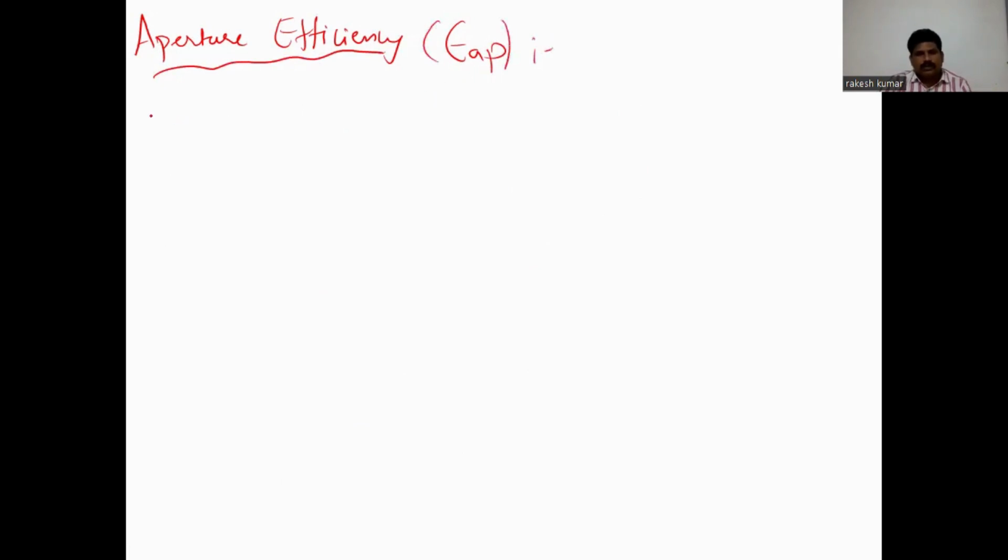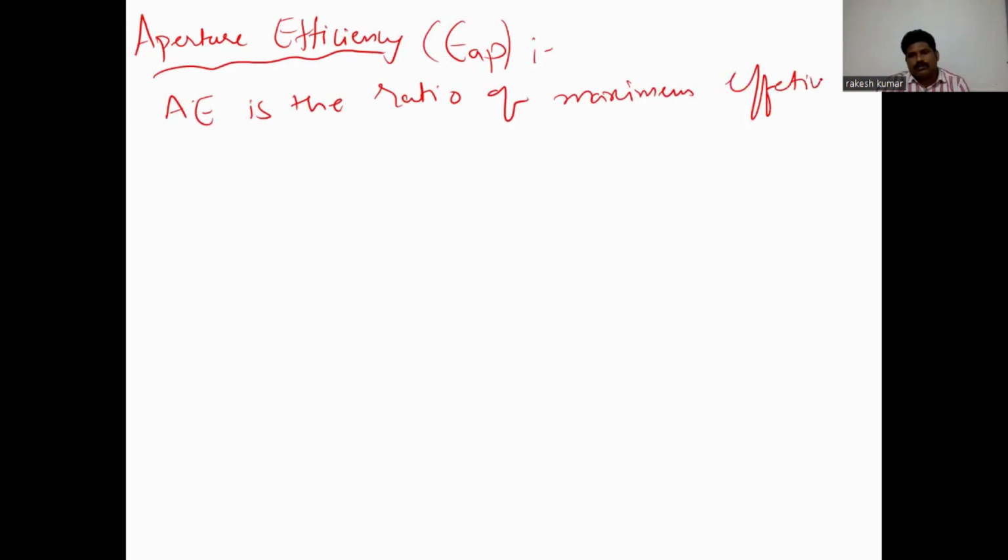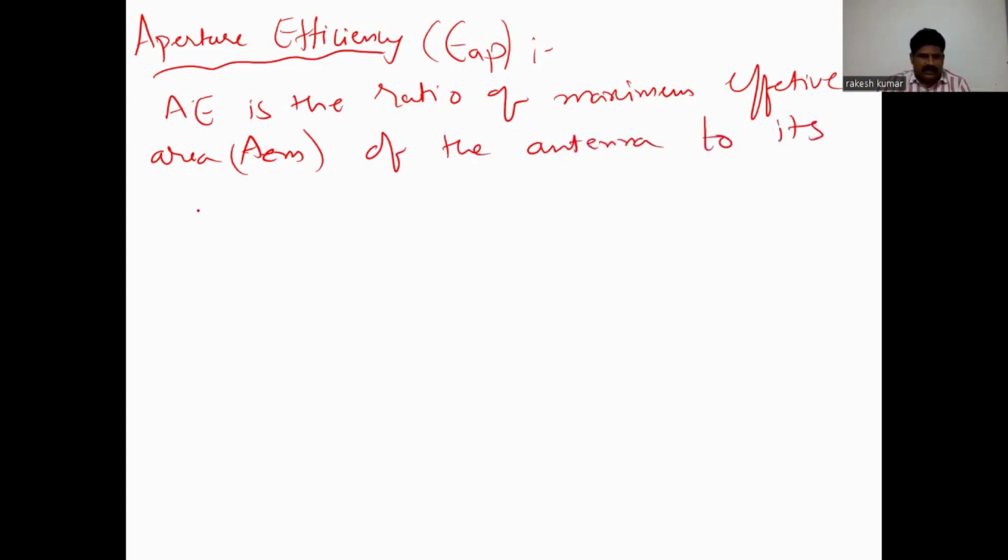Aperture efficiency is the ratio of the maximum effective area of the antenna to its physical area.